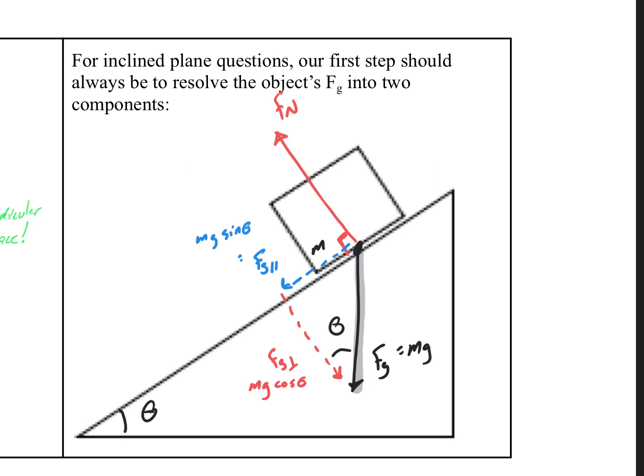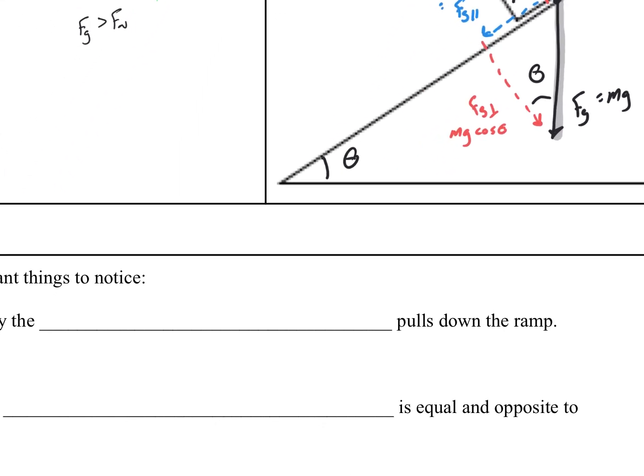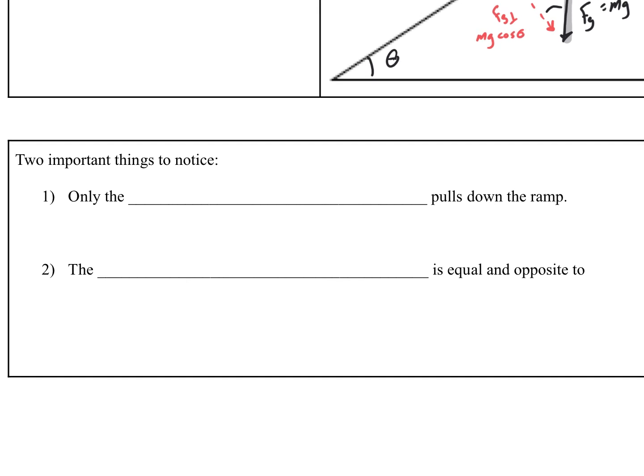What's going to change is maybe there's friction pointing up if it's at rest. Maybe there's something pulling it down, so friction will be pointing down. So it depends on the situation that we're given to figure out what all the other forces acting on it are. So a couple of things to notice, right? Only the parallel component pulls it down the ramp.